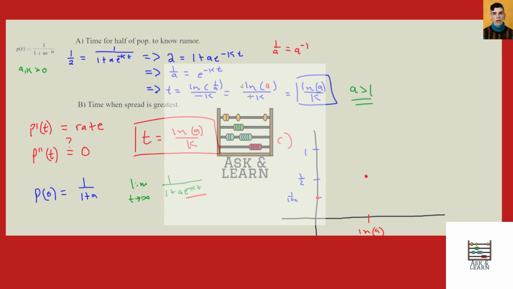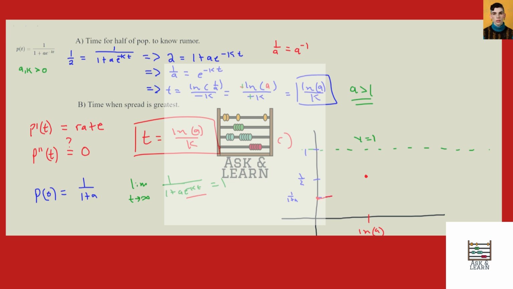So we'd have a times 0, which is 0, plus 1 is 1. So this limit here is 1, so we know we're going to have a horizontal asymptote at y is equal to 1.